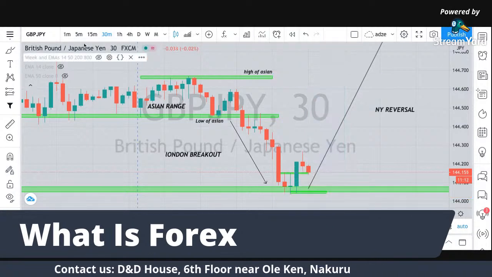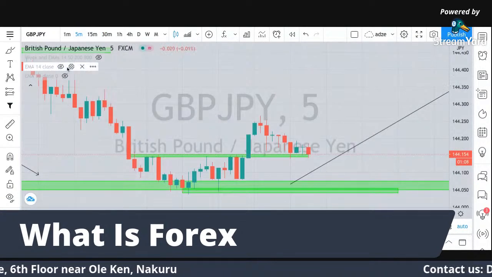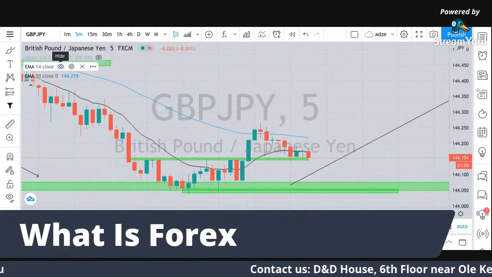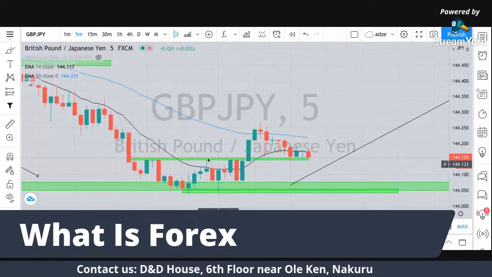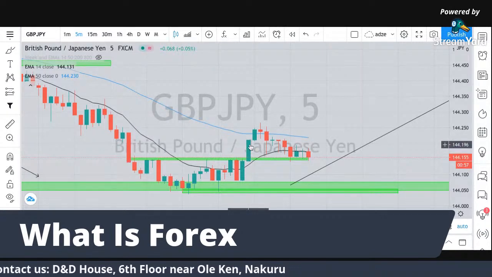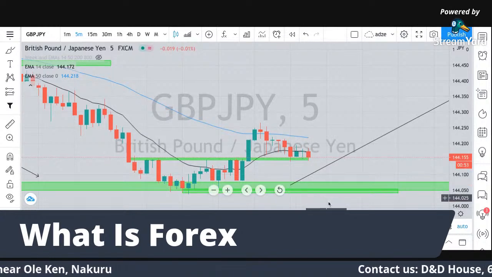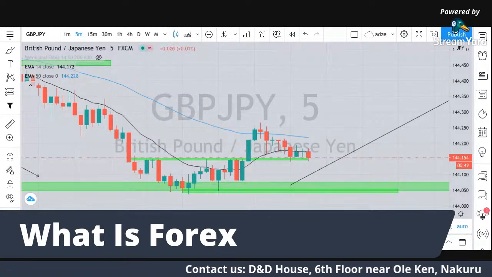So let's see how the 5 minutes is giving us an entry. There's no cross, but price is being rejected at this high that was broken by this candle. If price breaks this one, the next target is 144.